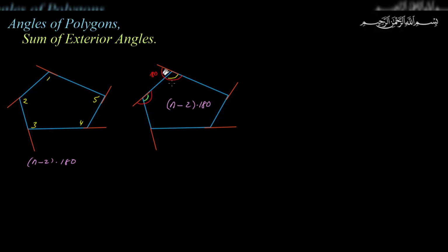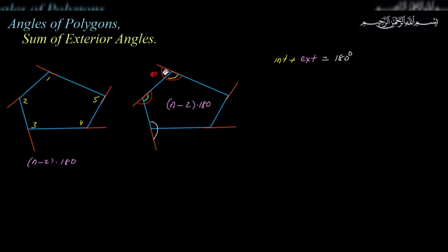The interior angle and the exterior angle add up to 180 degrees. If you add them at every vertex, that will give you 180 degrees, won't they? Because of course it's a straight line. So for every vertex, they all add up to 180 degrees.